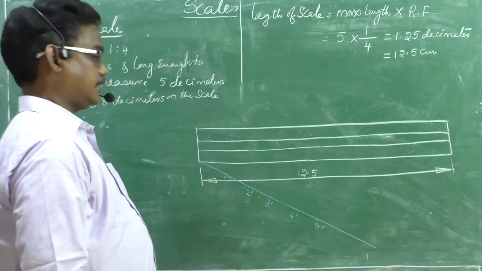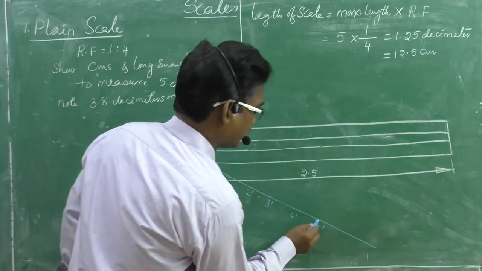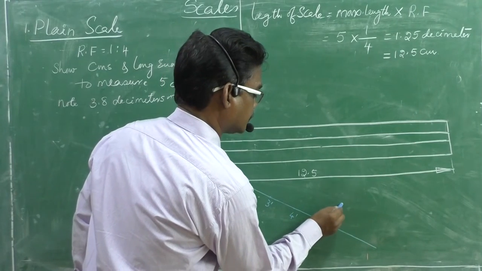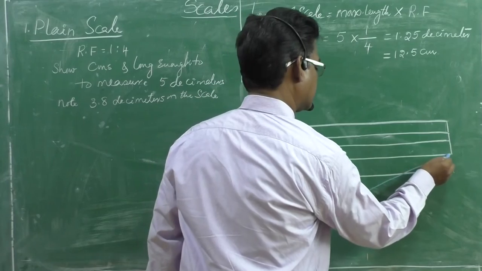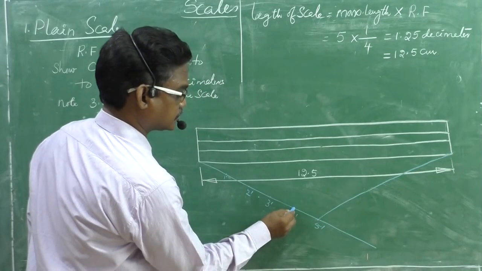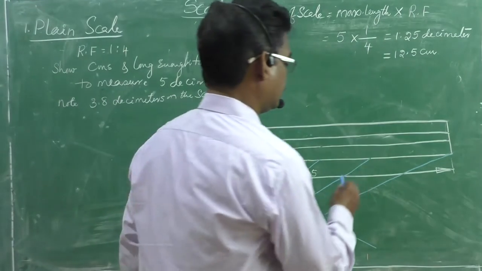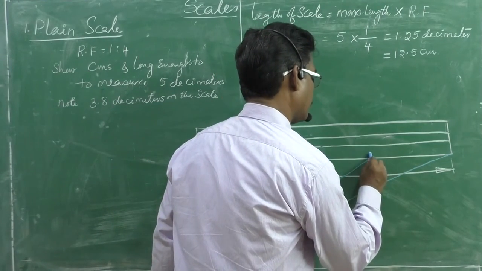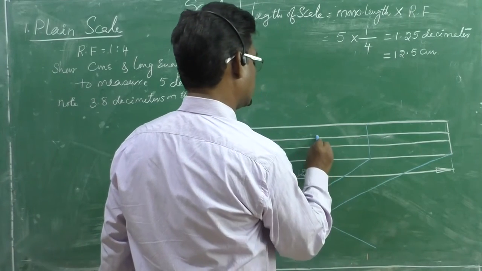Next, we need to join the end point and the last division. Now draw lines parallel to this. Now this is one division, this is the other division.